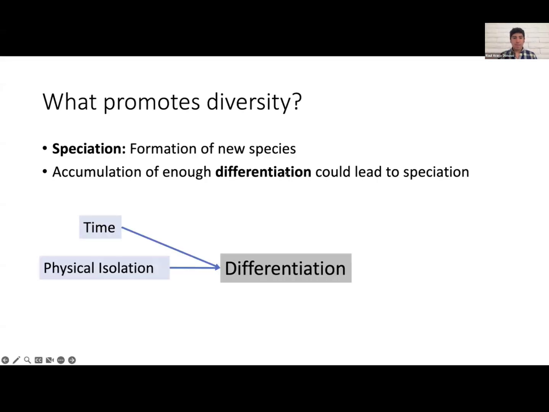So what kinds of things generate differentiation? Of course, we can think of time, because as time goes by, populations can differentiate. And also the degree of physical isolation between populations. So let's explore this a little more.